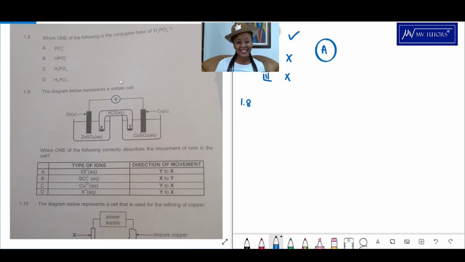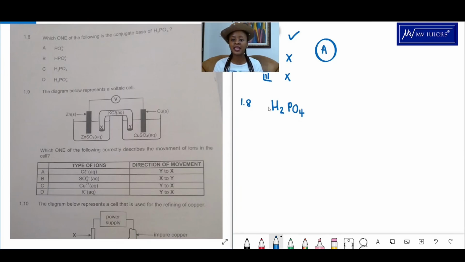All right, 1.8. Which one of the following is the conjugate base of H2PO4? So that is our acid there. I know H3PO4 is phosphoric acid. Anyway, this is our acid. If you were to get a conjugate base of it, remember, according to the Lowry-Bronsted theory, an acid is one that donates an H proton.